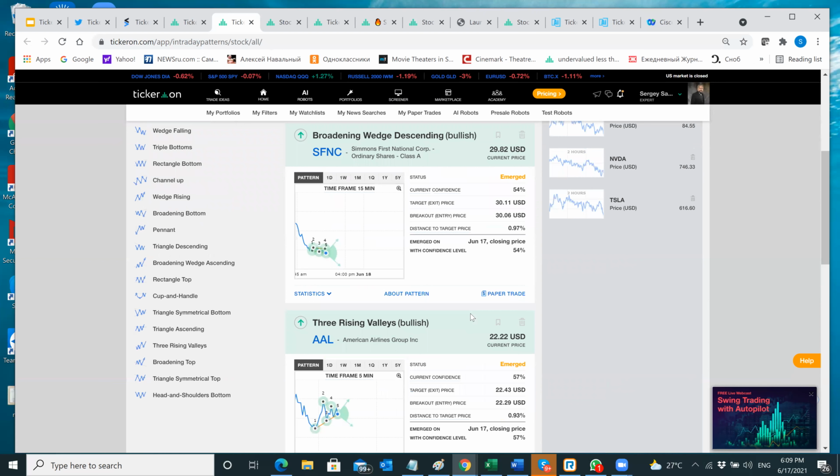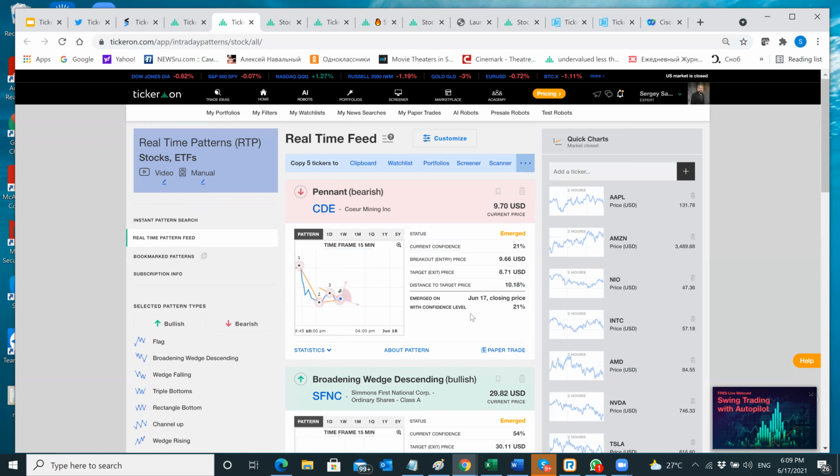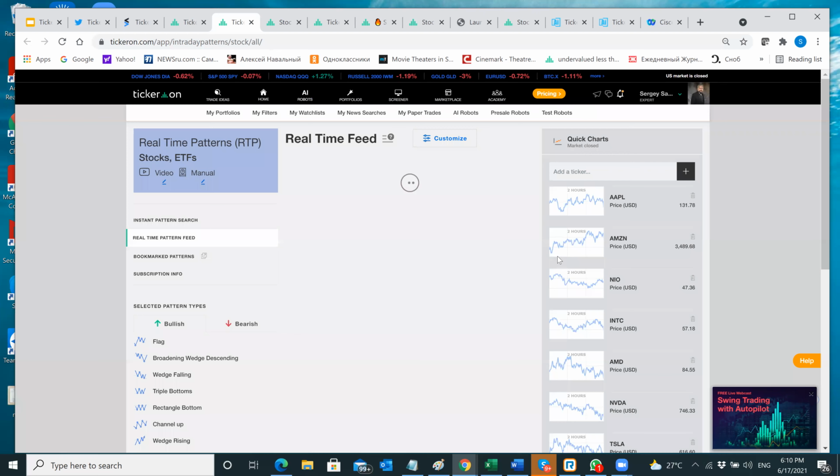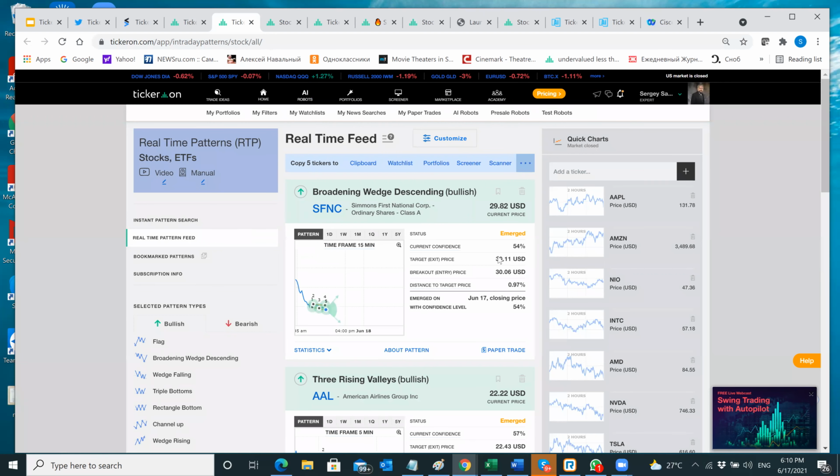So these are the engines, and then you can set up your own robot. You're going to be receiving the signals. What you have to do is customize, click here on the push notifications, and then set up a minimum confidence level, let's say 50%, right? And then you can say save, right? And now you're going to be getting different types of patterns with a confidence level of more than 50%, okay?